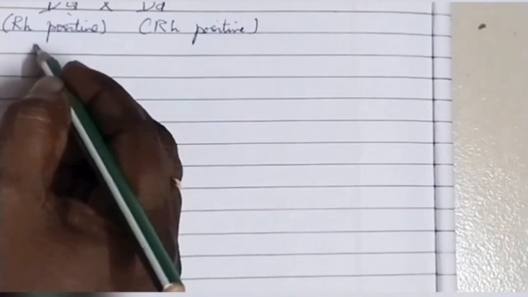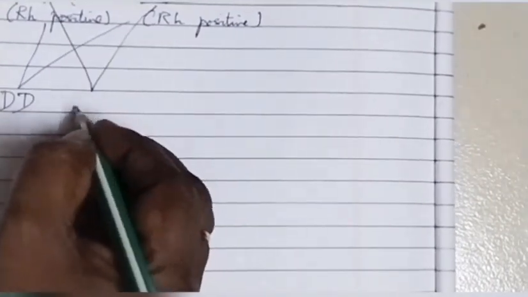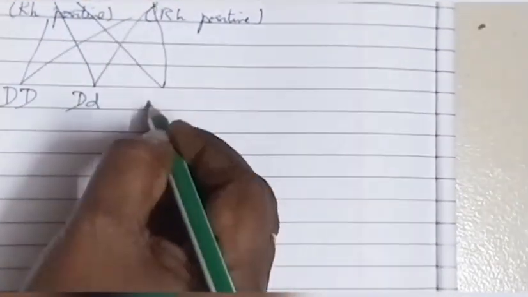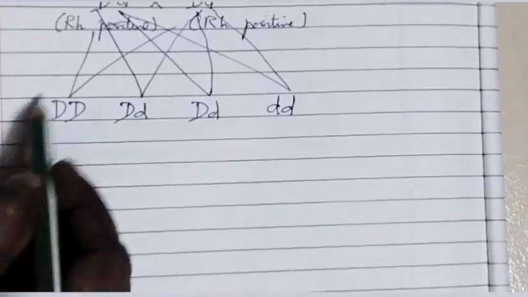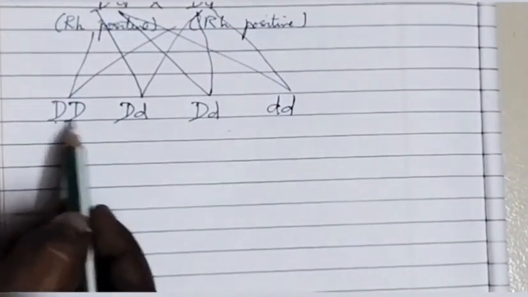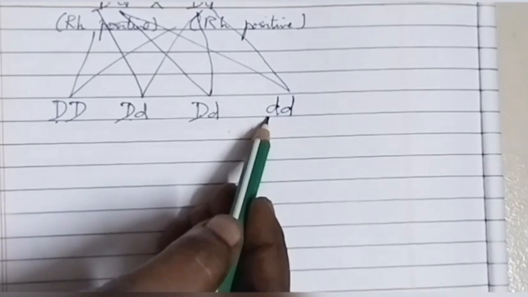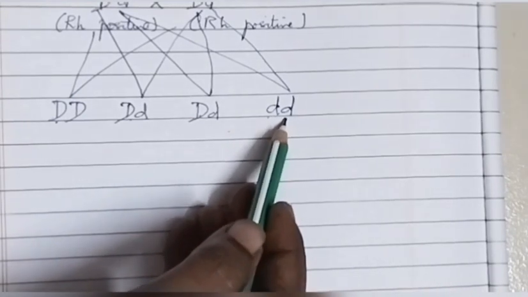So when you cross, what will happen? Capital D capital D, next one is capital D small d, the other one is capital D small d, and the next cross is small d small d. So when you look at all the results, there is a capital D in the first three, right? But in the fourth one, both are small d's.